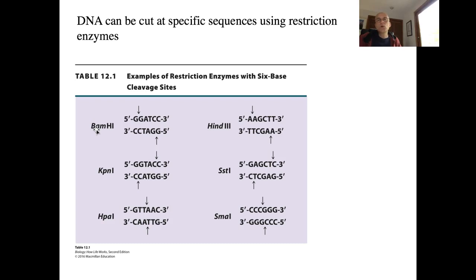And that bacterium has this particular enzyme, and they use that enzyme to cut invading DNA from viruses and other bacteria when other bacteria try to invade them. And so they have these enzymes in order to cut up foreign DNA. So that means they don't have that sequence themselves.